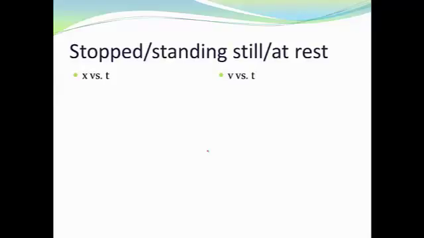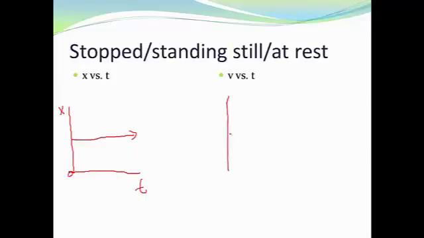So we're going to start here with the case of position versus time for an object that's standing still. If I draw my two axes, apologies, these aren't perfectly straight, a position versus time graph with still motion would be completely flat. The further you are away from the 0 point, the further the position is away, but this completely flat line would be a position versus time with not moving, the 0 velocity.